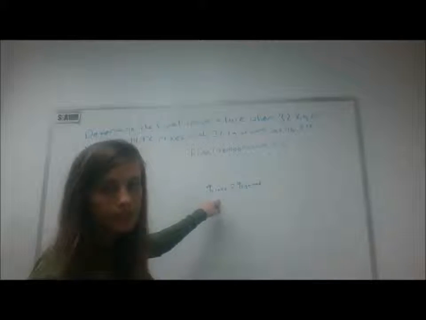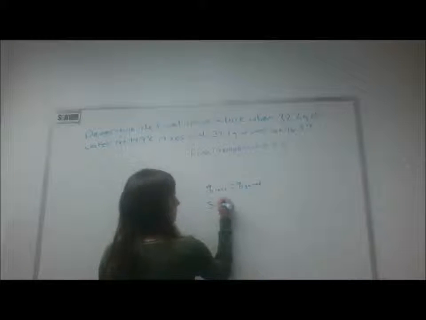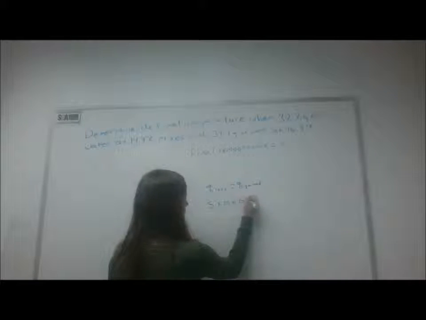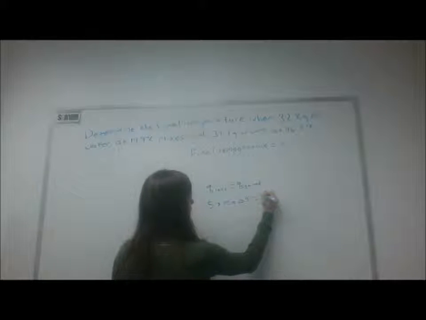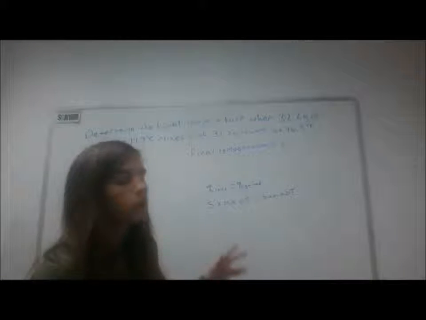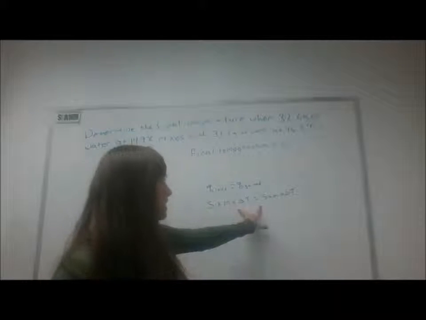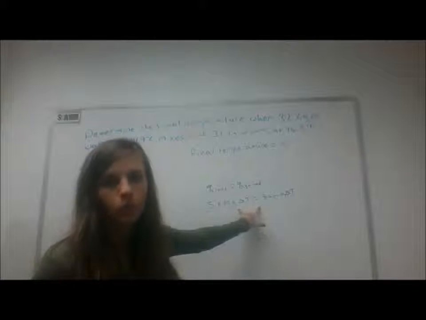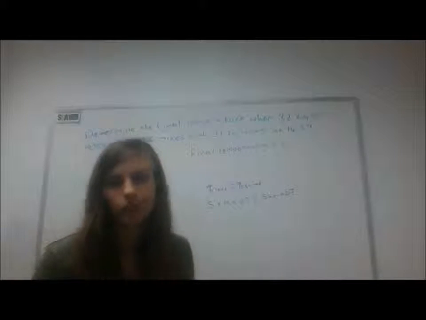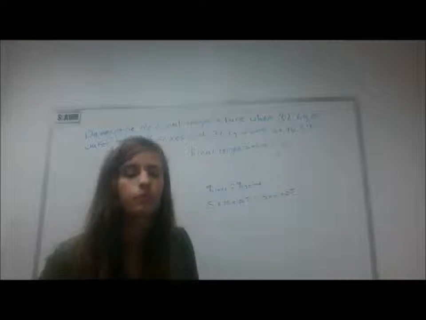And what was our equation that we derived? S times M times change in T is going to be the same on both sides. Even though the variables on each side are the same, we're going to have different values for each of them, hopefully, right? Because we don't want them to cancel.